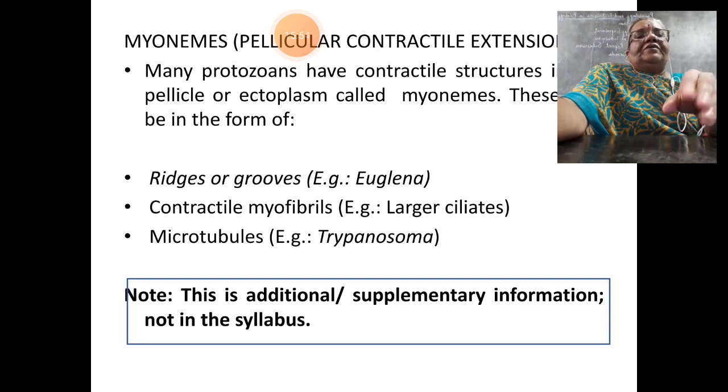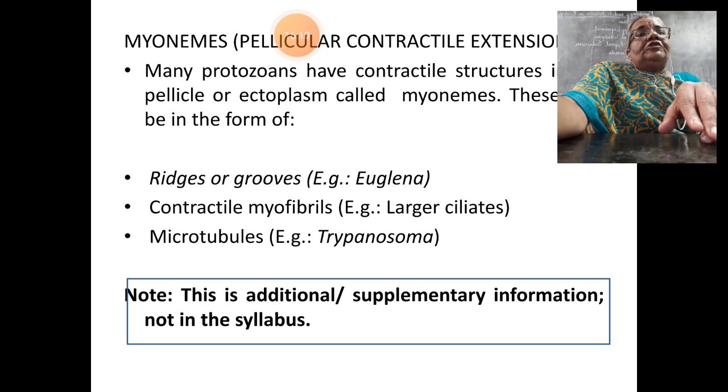They are seen in Euglena, a flagellate, then in larger ciliates and Trypanosoma in the form of ridges or grooves or contractile myofibrils or microtubules.